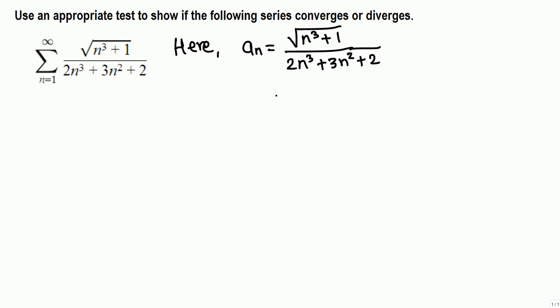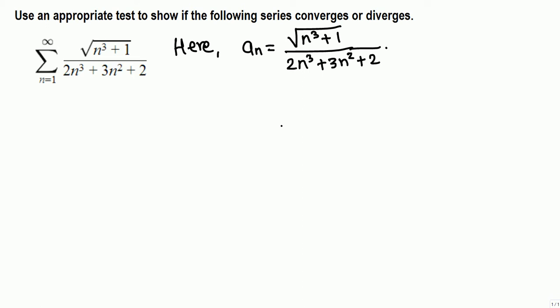And by the way, when n goes to infinity, the bottom is growing faster than the top, so it's going to go to 0. So no use of the test for divergence.